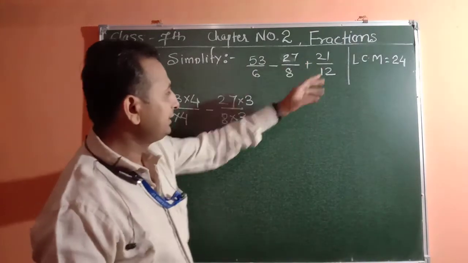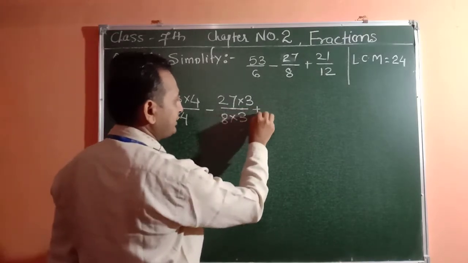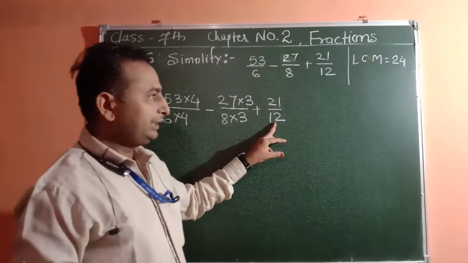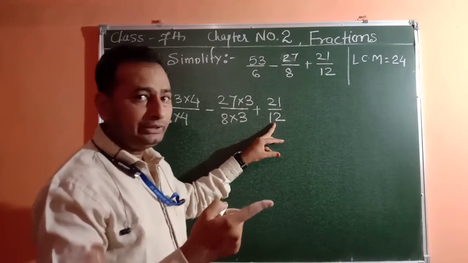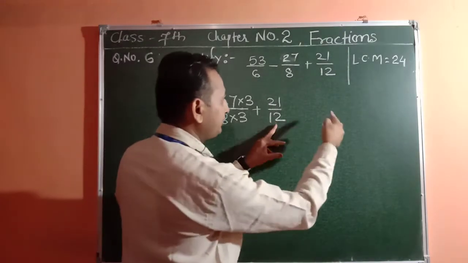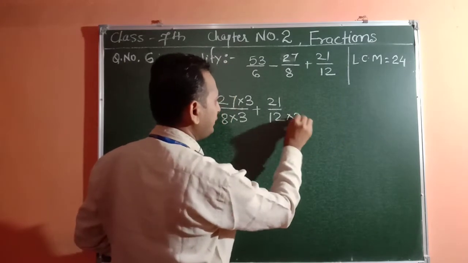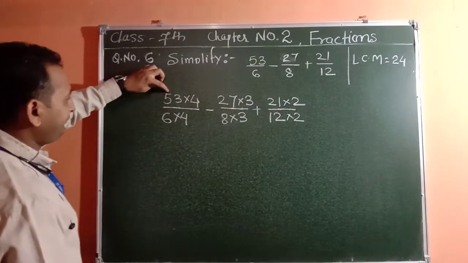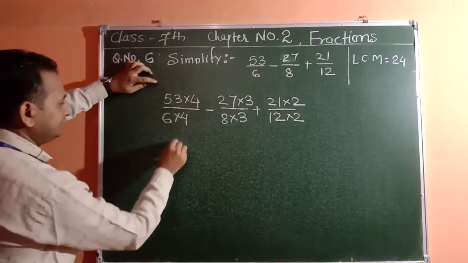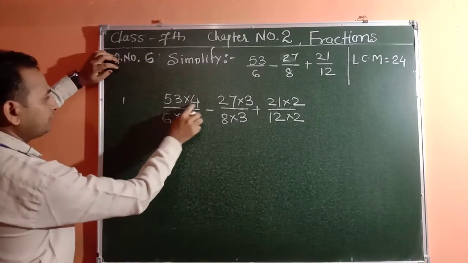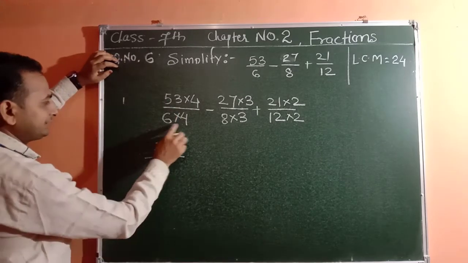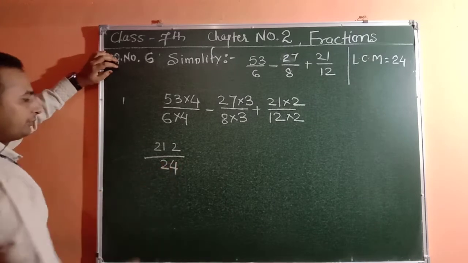Now the next fraction is 21 upon 12. 12 into 2 is 24, which means 12 into 2 and 21 into 2. Then 53 into 4: 4 threes are 12, carry over 1. 4 fives are 20 plus 1, 21, upon 6 fours are 24.